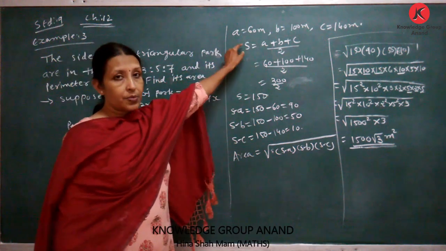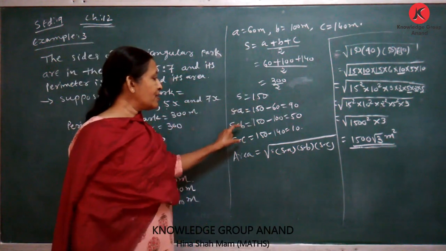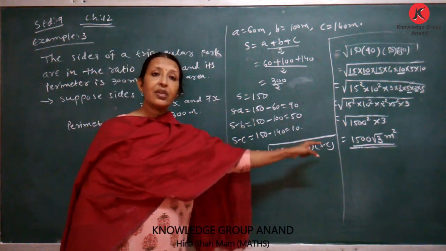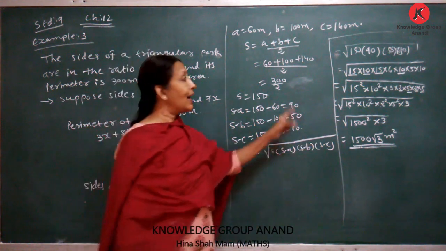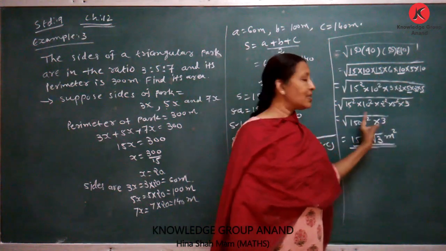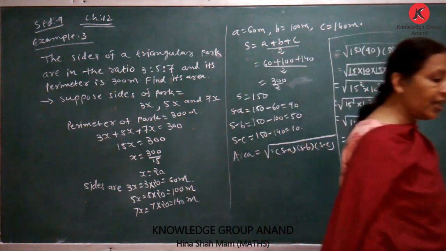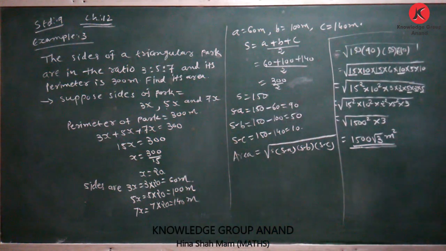Now using our Heron's formula, first we find S and S minus A, S minus B, S minus C, write the formula and then put the values, then factorize all the digits, and the square root gives 1500 root 3 meter square. Write down in your notebook example number 3.